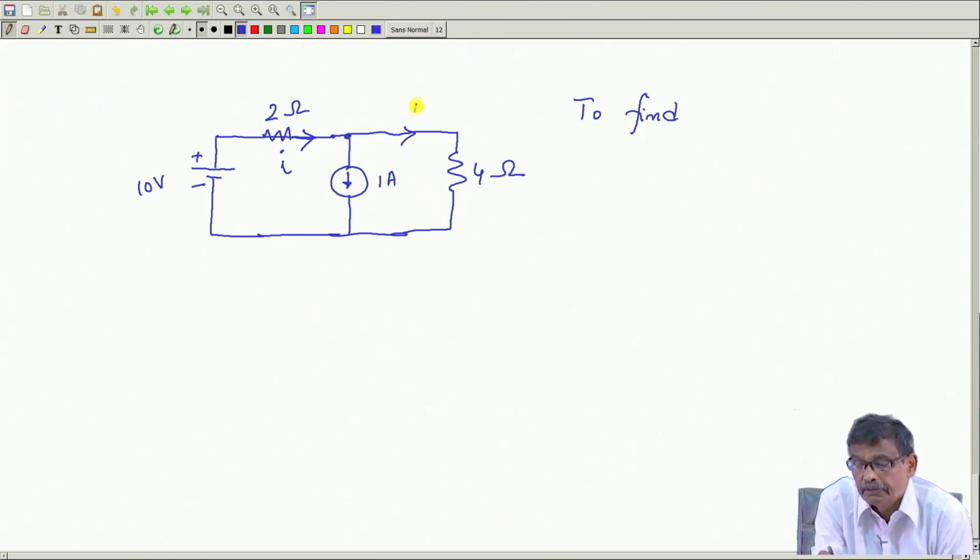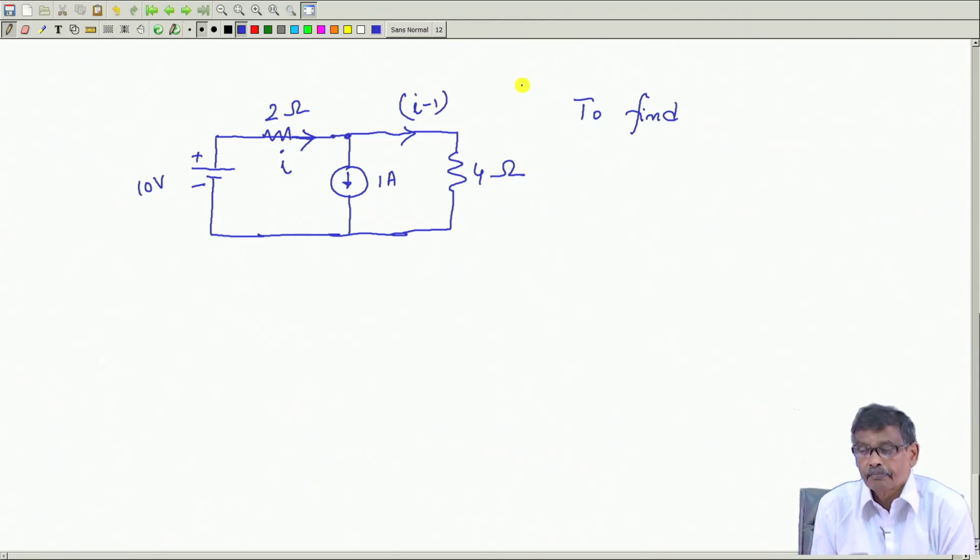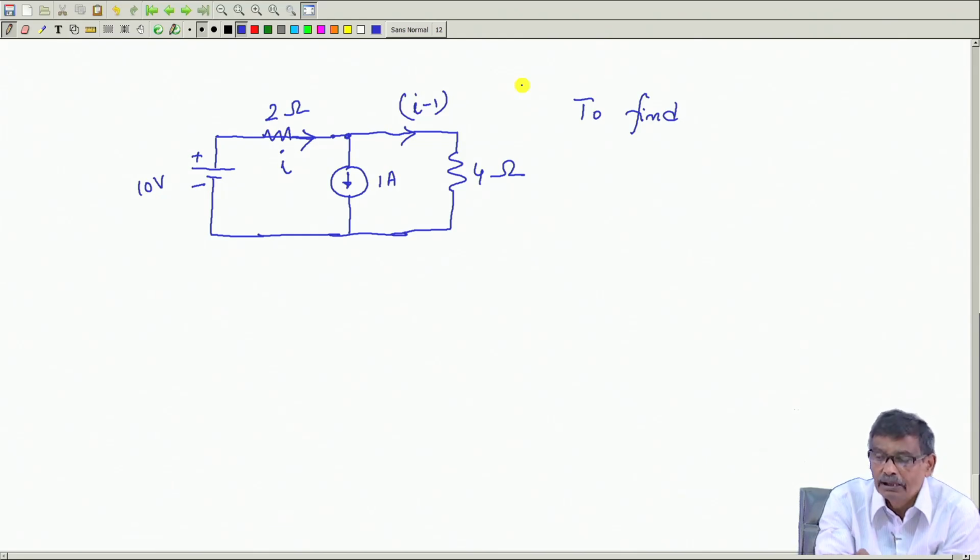So this current must be I minus 1 ampere, is it not? There is one unknown, small I, that I have to find out. So KCL I have already applied.